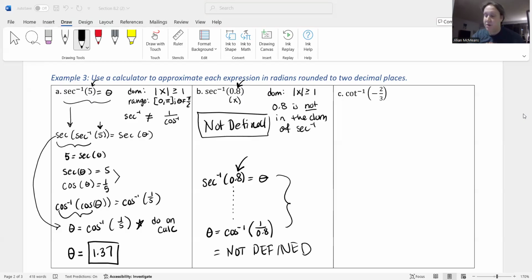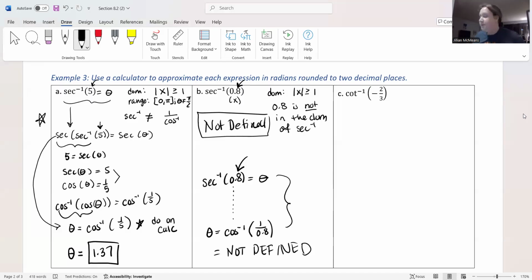And that's what we were allowed to do over here in part A. We were allowed to rewrite things because we knew there was this relationship with secant and cosine. They are reciprocals of each other. And we also know that inverse secant and inverse cosine have the same range restriction. Well, we're backed up against a wall over here. We know that we have the same range restriction as inverse cosine, but cotangent and cosine aren't reciprocals. So what in the tarnation do we do?